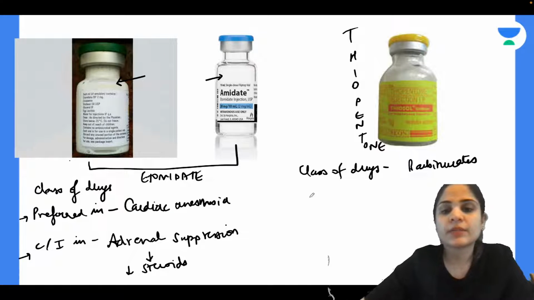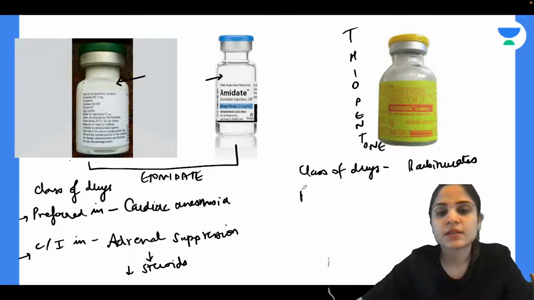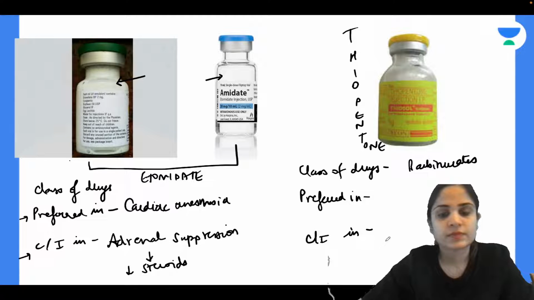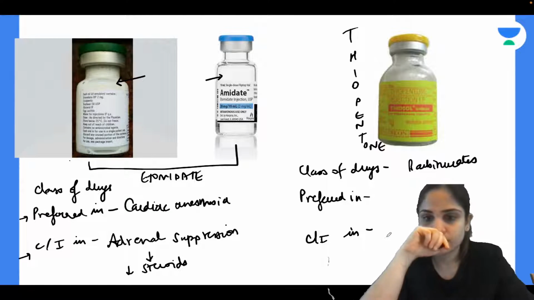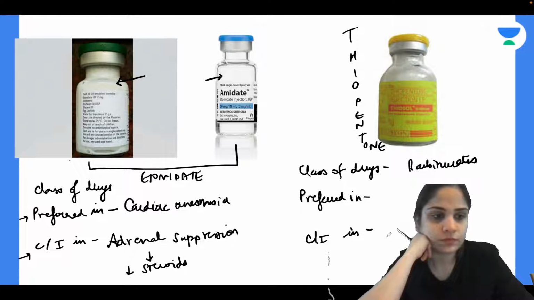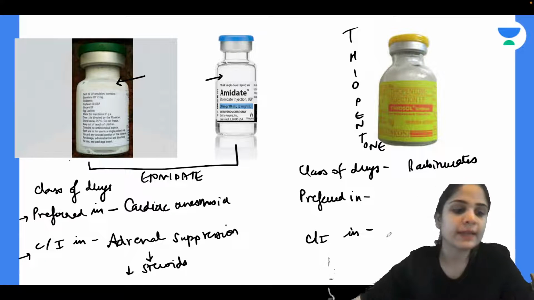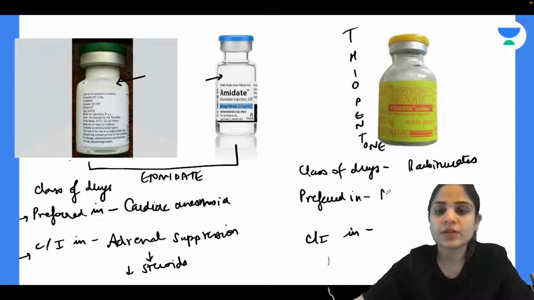Okay, now can you tell me thiopentone is preferred in which case and it is contraindicated in which case? Anyone? Very good, Pancake. So thiopentone is preferred in neurosurgery. Why?